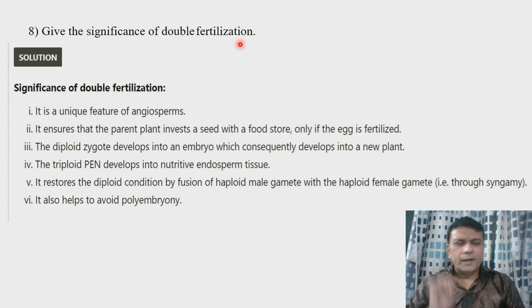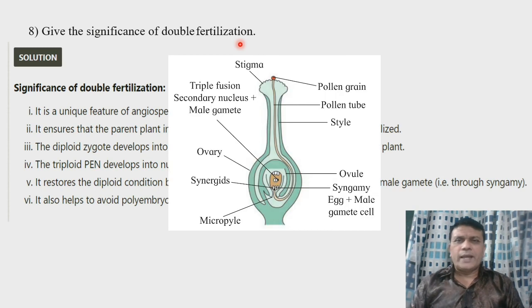Now you know that double fertilization is a process which occurs only in angiosperm. In this diagram we can see the process of double fertilization. Now the first male gamete fuses with haploid female gamete or egg cell to produce diploid zygote.